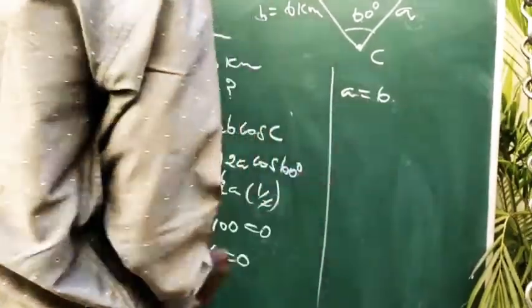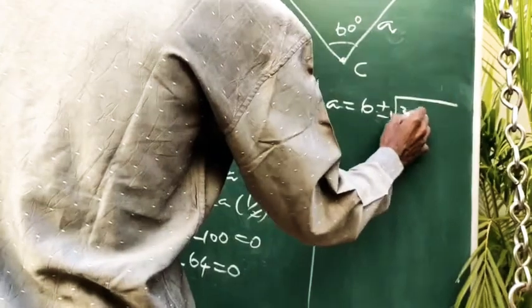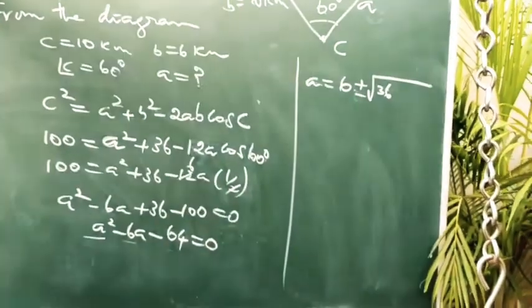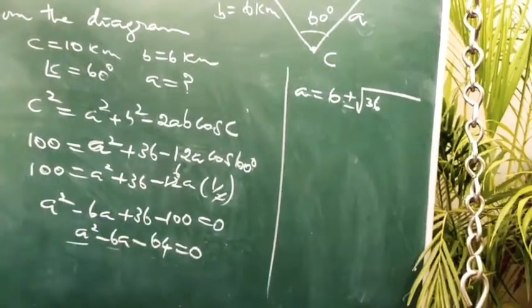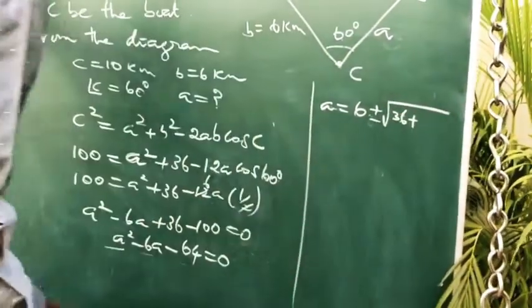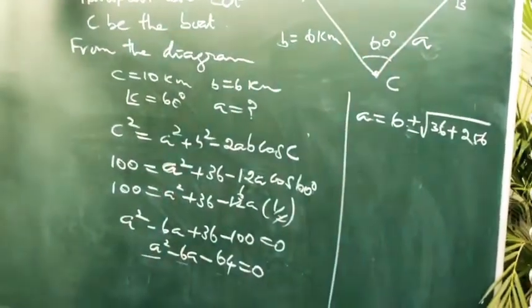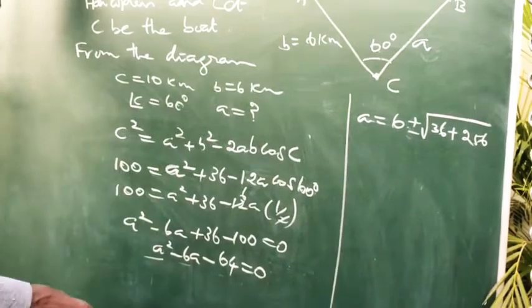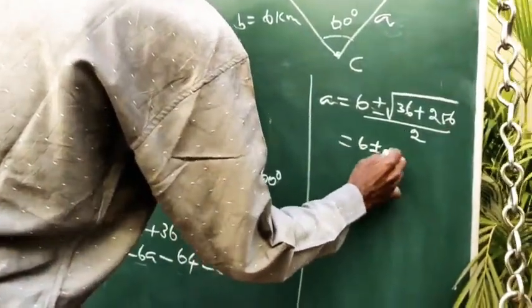So minus b is 6, plus or minus root of 36 minus 4ac. a is 1, so minus 4 into minus 64, so plus 256, 4 times 64, all by 2.